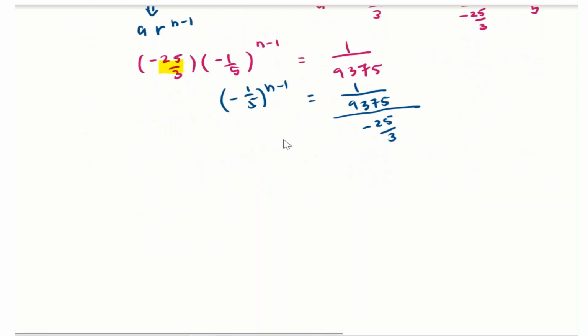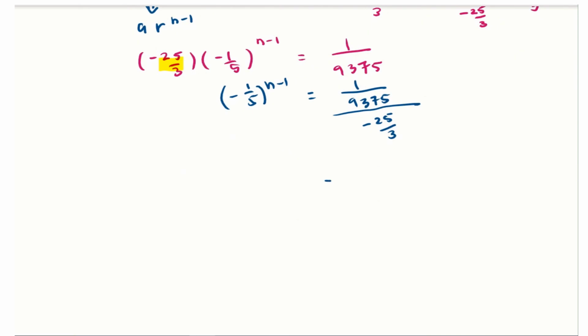Then we calculate, and on the right hand side we get negative 1 over 78,125. And the left hand side remains negative 1 over 5 to the power of n minus 1.